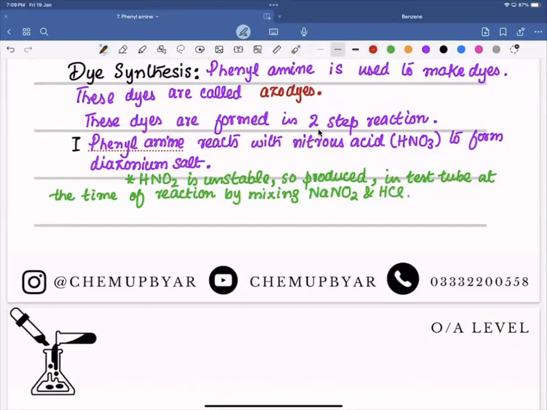When these two react in the test tube, nitrous acid, HNO2, and sodium chloride will form. That is the first step in the making of phenol as well.